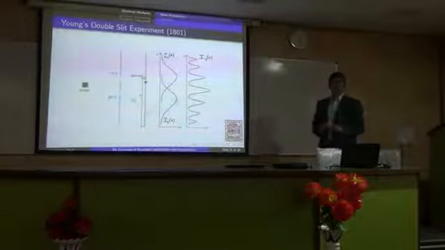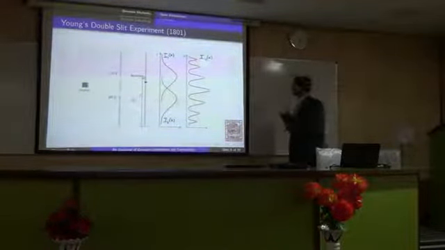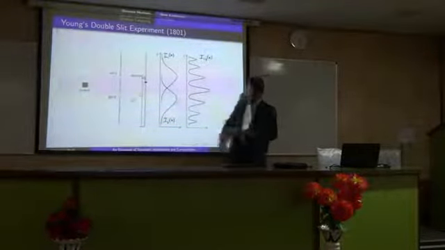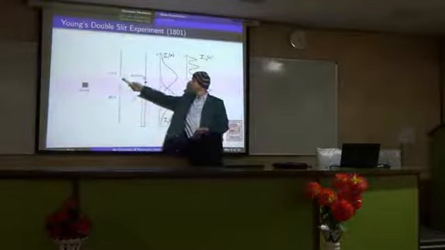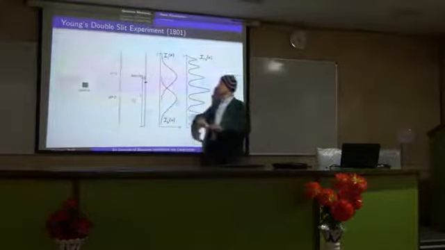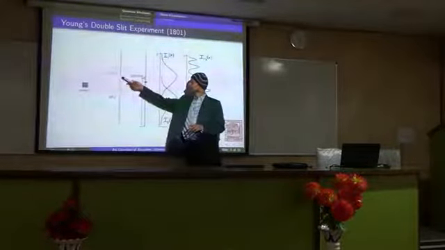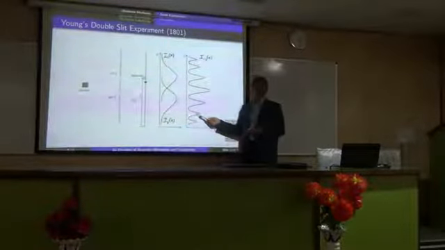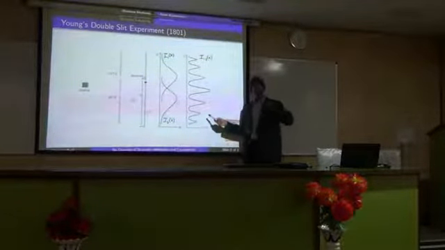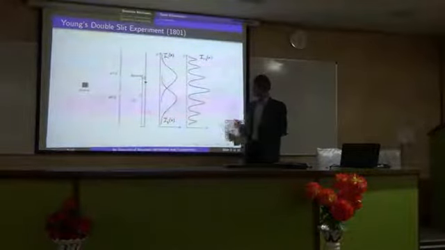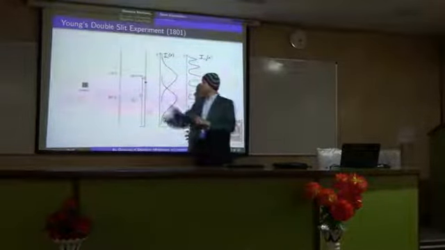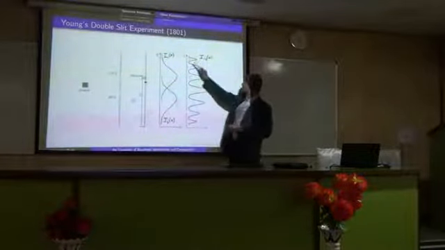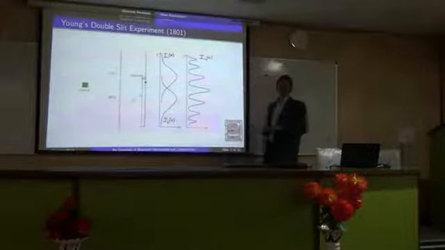But surprisingly, that particle nature is observed only when one slit is closed. When slit 2 is closed, we observe a spot here. When slit 1 is closed, we observe a spot here, for very low intensity and very slow emission of light. But when both the slits are open, we observe a wave-like pattern like this.